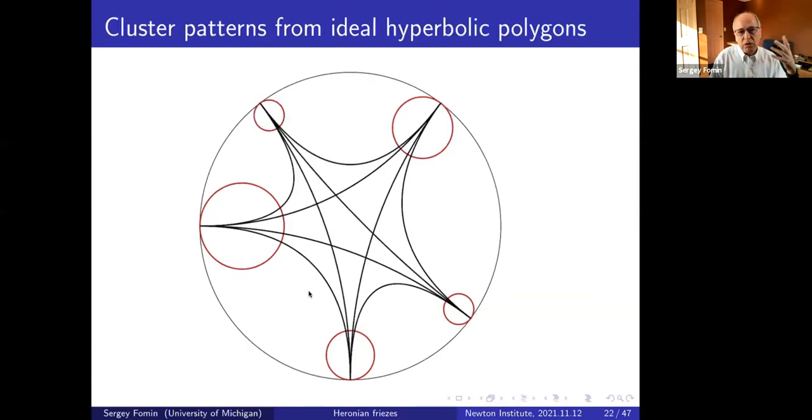And so then we interpret each cluster pattern using triangulation of an ideal hyperbolic polygon decorated with horocycles and so forth. So there is this story, which is a little bit too complicated because you have to know hyperbolic geometry for that, which seems a little bit like an overkill for such an elementary thing as these friezes, but it is what it is.